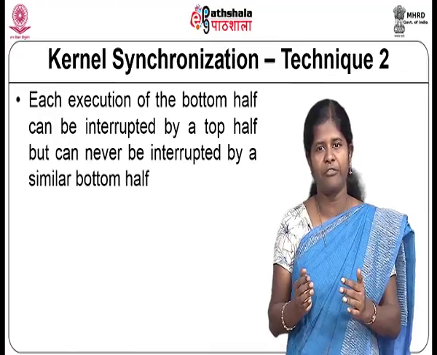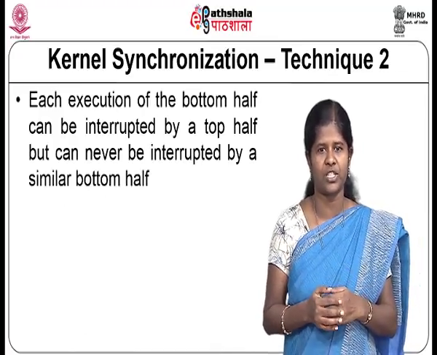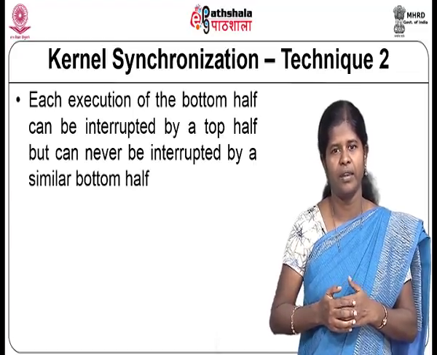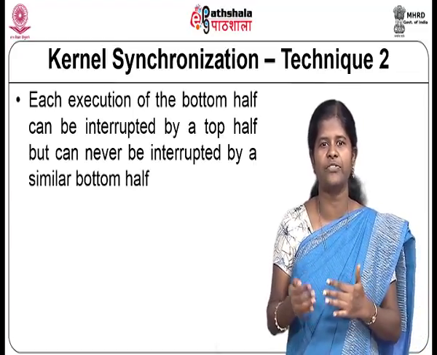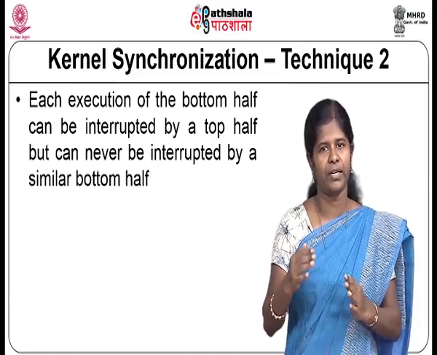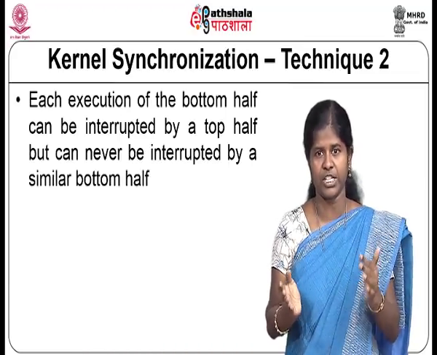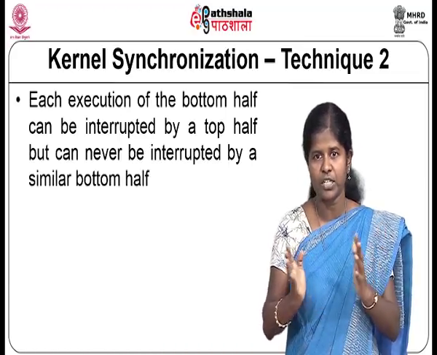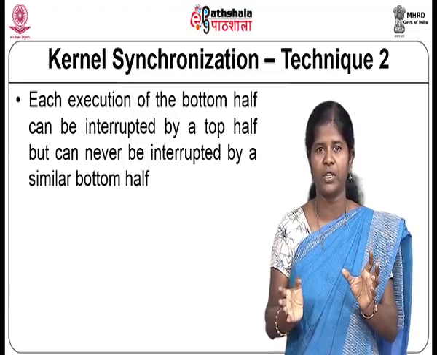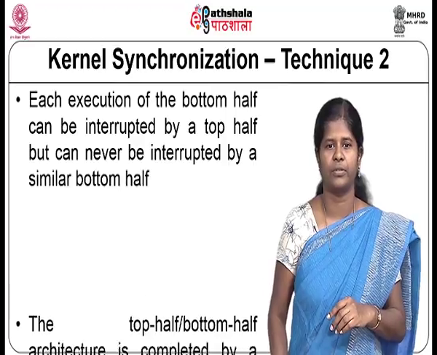Suppose the bottom half is executing, and another top half routine has to be executed. That is allowed. So, execution of the bottom half can be interrupted by a top half, but it cannot be interrupted by another bottom half. So, here we can see that each interrupt service routine is divided into two parts, the top half and the bottom half, with the top half getting higher priority compared to the bottom half.